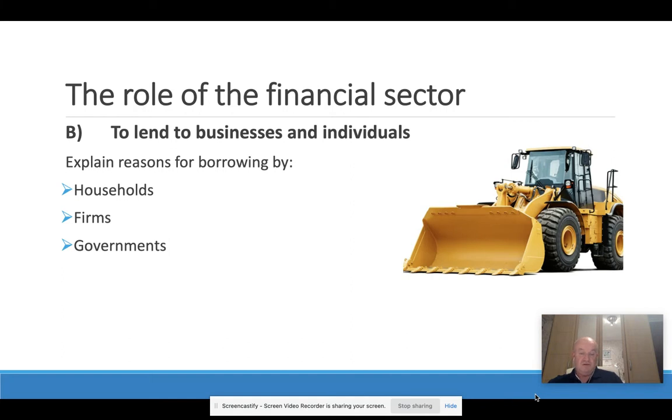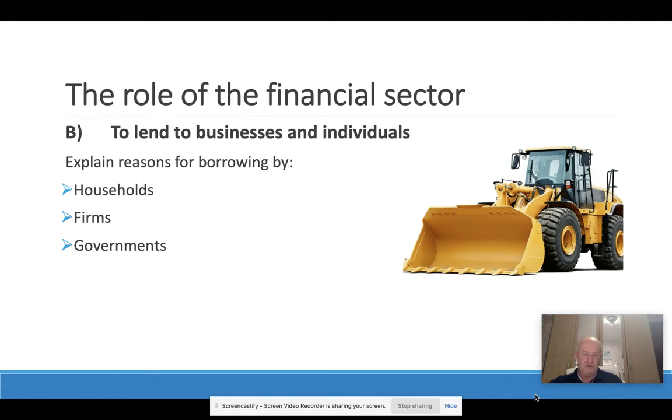Second thing is obviously to lend to businesses and individuals, and again there are a whole range of reasons why households, firms and governments might choose to lend money, and obviously the financial sector has a fairly fundamental role in allowing that to happen, or encouraging that to happen, so that people can choose to borrow money in order to invest it, or maybe to expand their business if we're talking about firms.